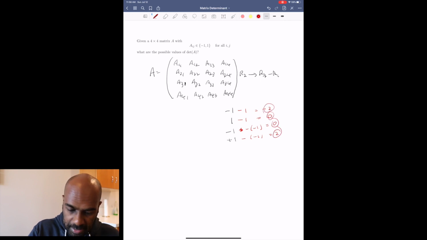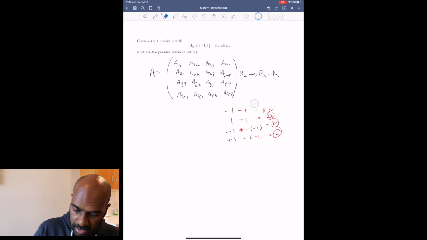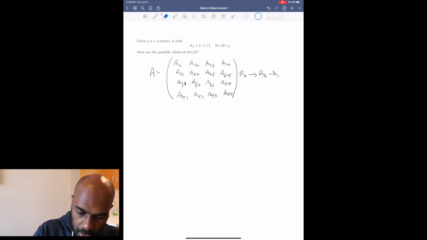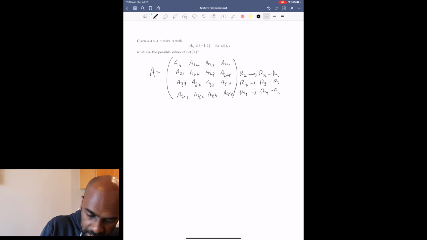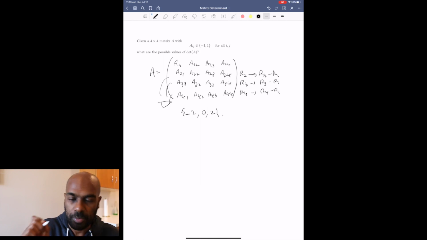If we do that to every one of these subsequent rows, where we replace row 3 by row 3 minus row 1, and row 4 by row 4 minus row 1, then the entries in these 3 rows will live in the set -2, 0, and 2.